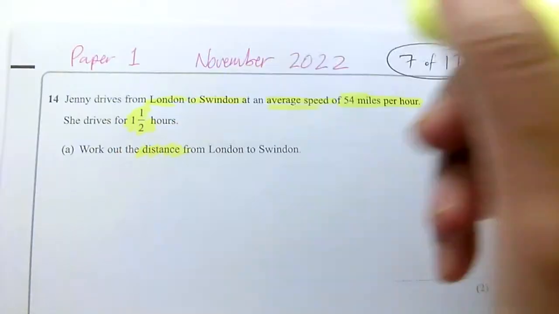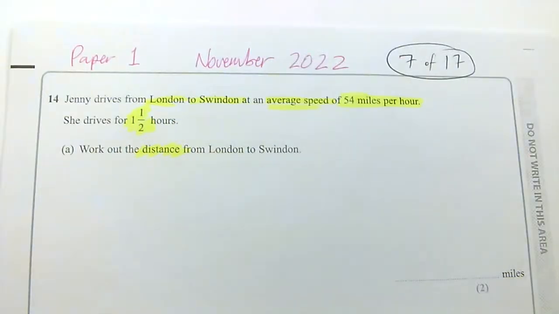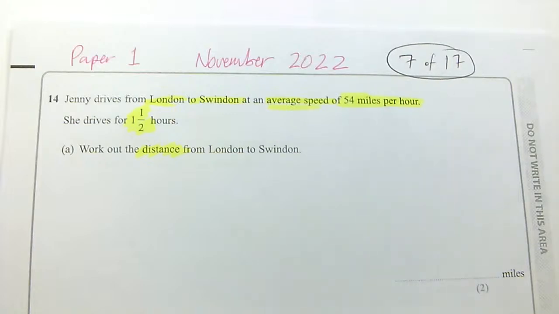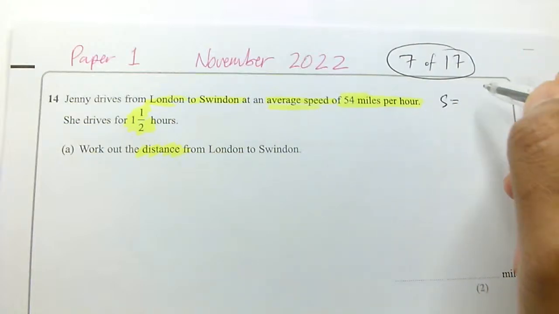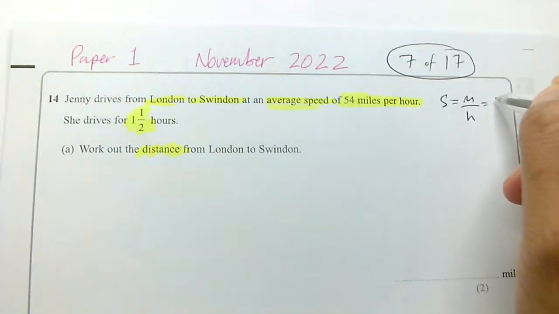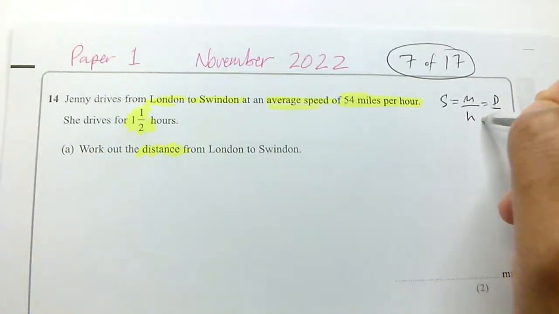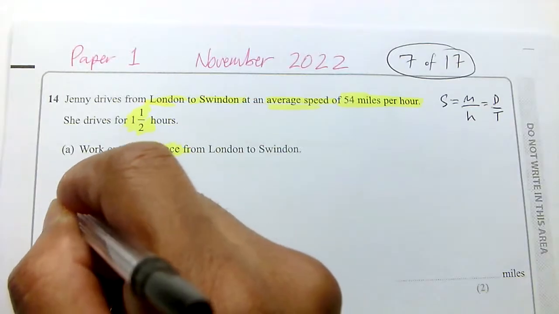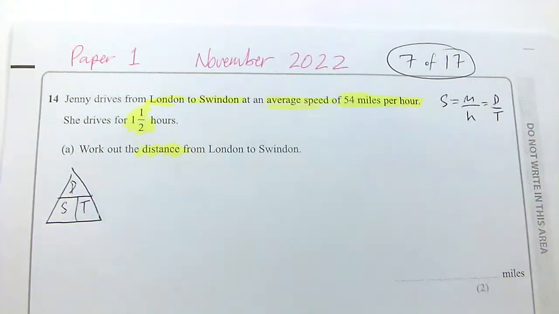Work out the distance. And again, if you forget the formula, here's a hint for us. Miles per hour. Speed equals miles per hour. Miles is distance. Hour is time. Turn this into our pyramid. Speed, distance, time.